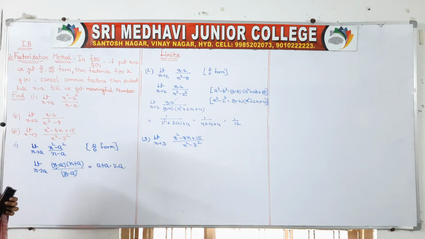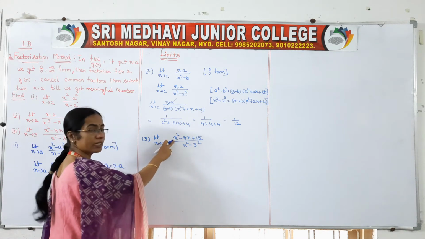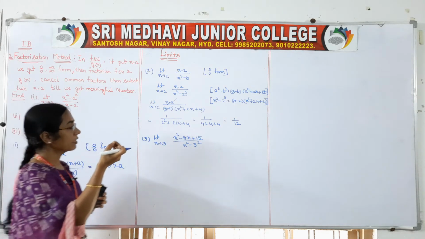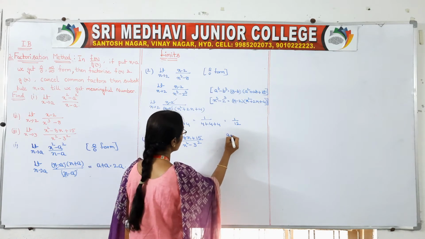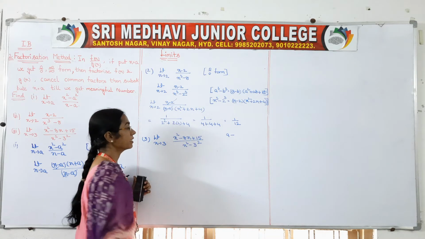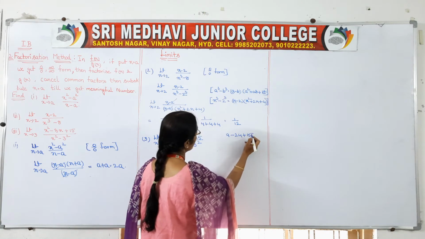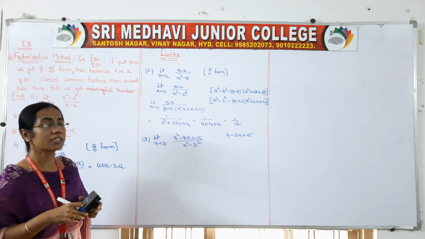If we substitute directly, what happens? X tends to 3 means x value is 3. 3 square is 9, so 9 minus 8 threes are 24, plus 15. 15 plus 9 is 24. 24 minus 24 is 0.